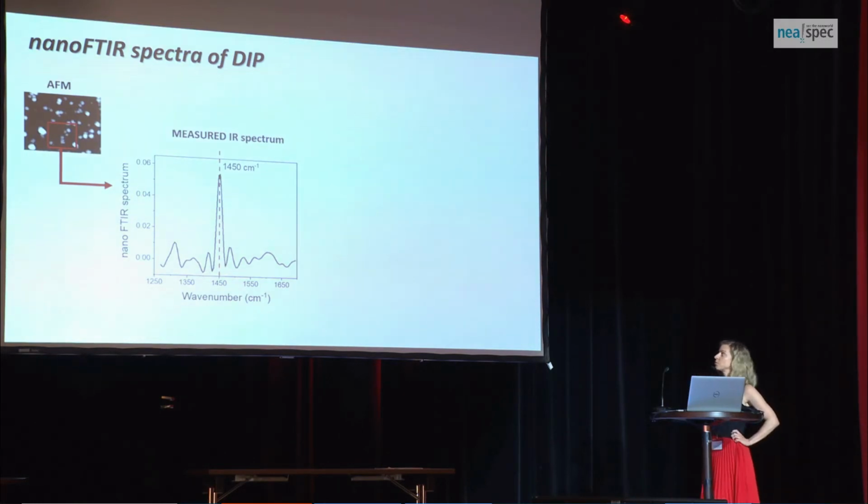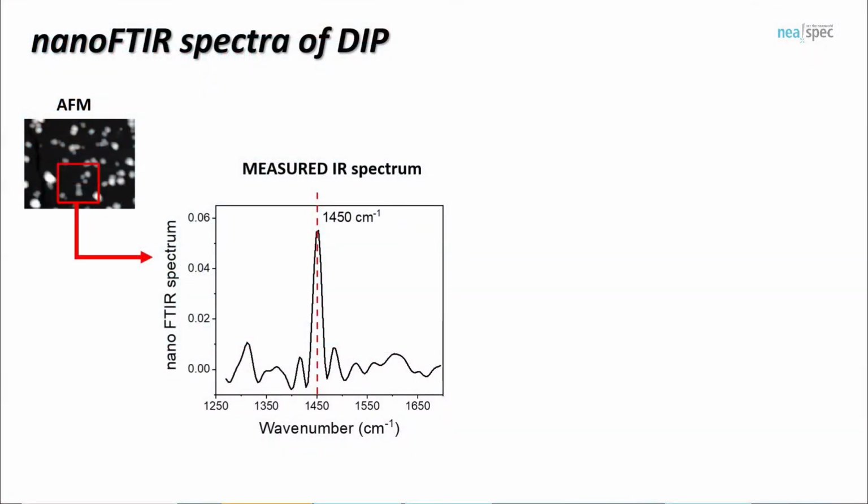First, prior to the actual experiment and measurement, we needed to find the wavelength where the response of these molecules would be the greatest. So we measured the nanoFTIR spectra, and you can see that the material has the highest absorption around 1450 reciprocal centimeters.